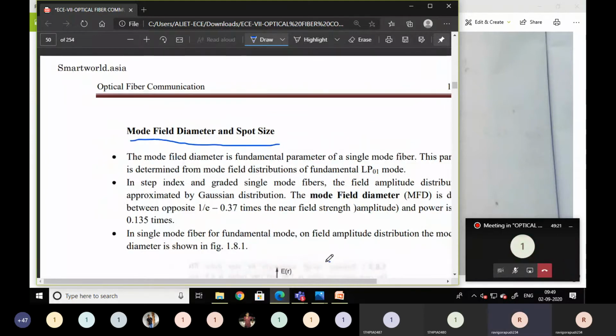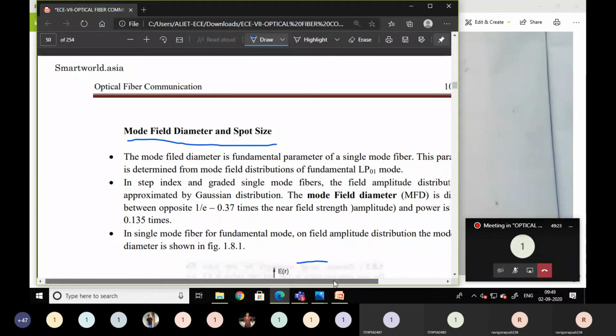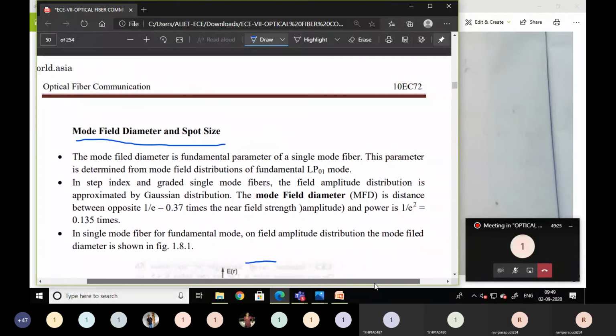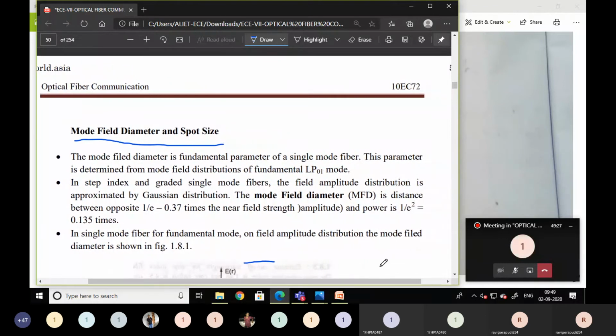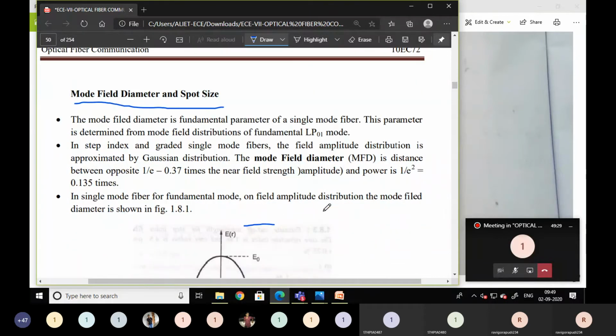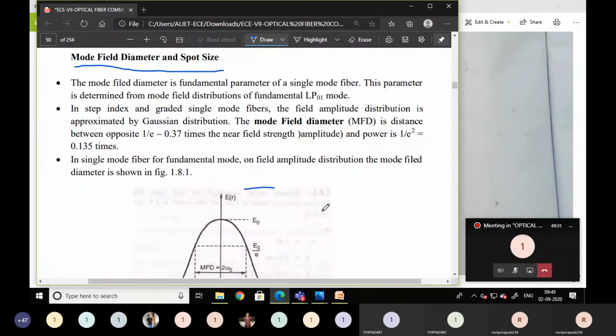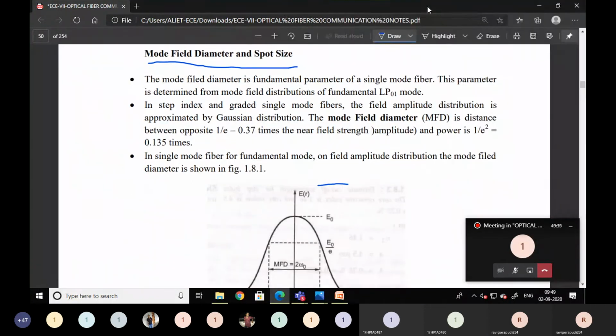Directly you can write this, mode field diameter. Is it visible?